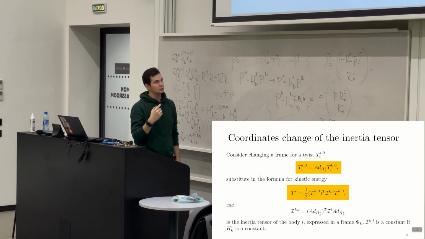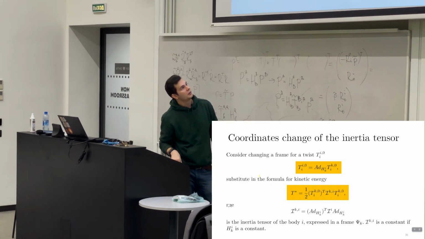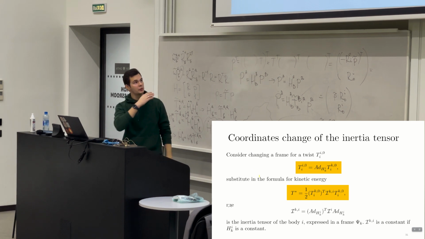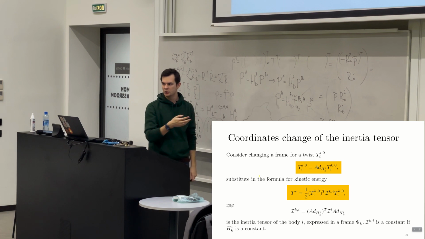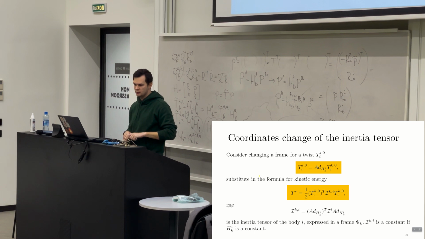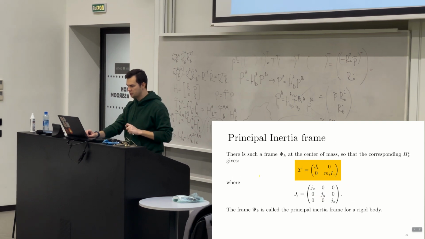But since we also need to express the inertia in this principal frame, such that we have components only on the main diagonal, we also need to have here an adjoint. An adjoint we use when we want to express the twist in some other frame, and here it will be the principal inertia frame.